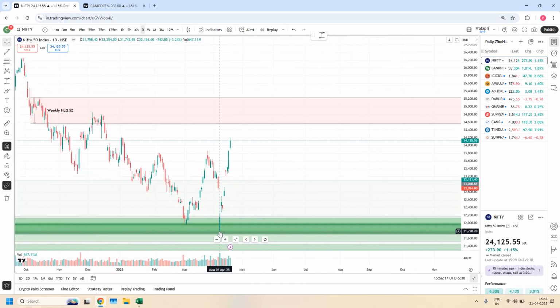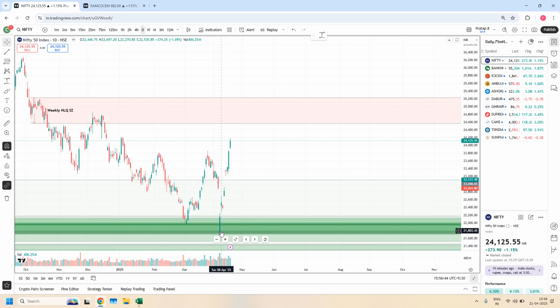You know how many points Nifty would have given you? More than 1000 points, from here to here. Somewhere here, the time you got the trade, it is 21,803. Now today it is 24,125. From 21,800 to 24,125, so that means a 1,400 points move it has already given you. The pierced zone strategy.